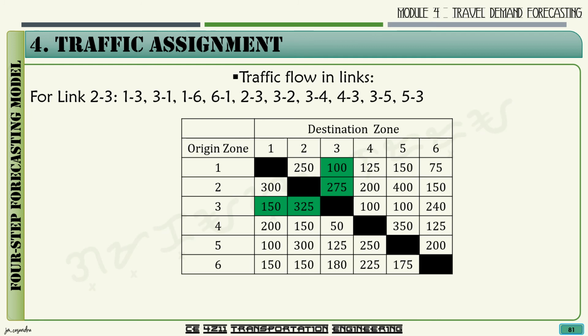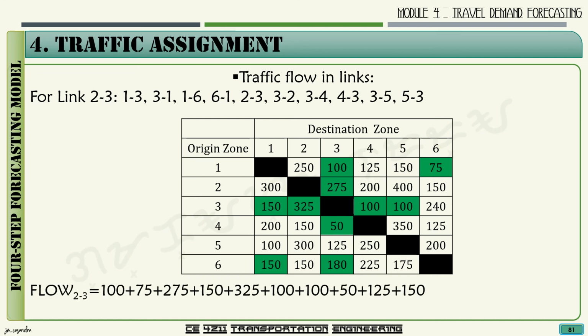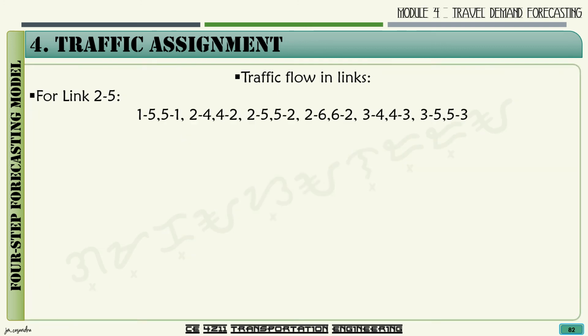We also have 2, 3, 3, 2. Then we have 1, 6, 6, 1. Then we have 4, 3, 3, 4. And we have 5, 3, 3, 5. So adding them up, the total flow now in link 2 to 3 is 1,450.